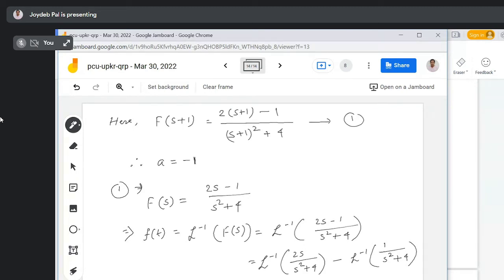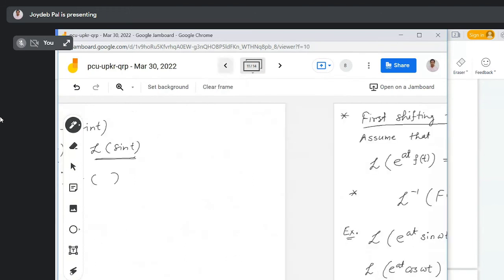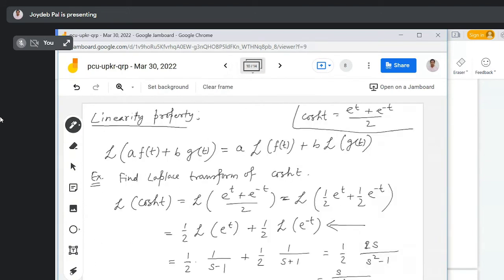Like Laplace transform, जैसे मैंने बताया था ना, Laplace transform follows the linearity property. Similarly, Laplace inverse also follows the linearity property. Laplace inverse of a into capital F(s) plus b into capital G(s) will be a into Laplace inverse of capital F(s) plus b into L inverse of capital G(s).